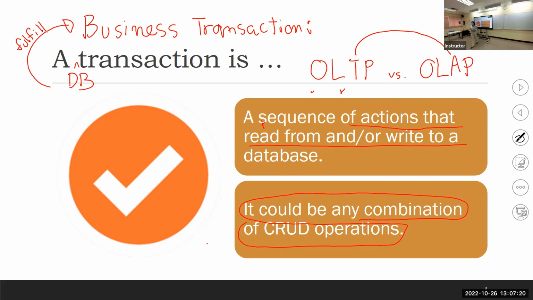But again, it is the definition that is used to define this series of operations in the database to fulfill the business transaction. So for example, if a customer makes a purchase online, the transaction would mean you need to think of the database system.